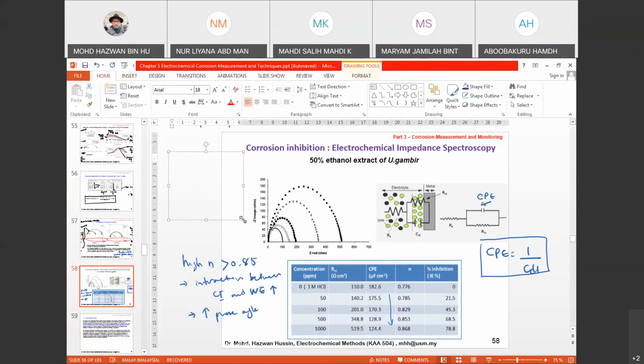For EIS measurement, the placement of the working electrode to the reference electrode must be consistent. This is very important, to avoid RS shifting.